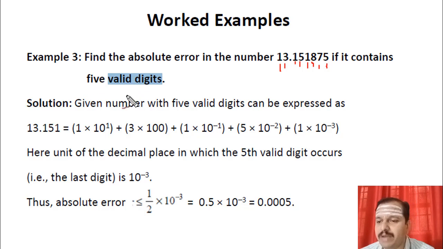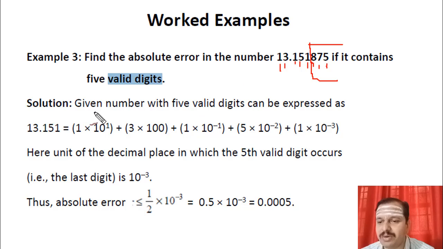Now we want only 5 valid significant digits, so 1, 2, 3, 4, 5. We want to stop here. We don't want these digits; we are going to ignore them, and we get an approximated value of x, which is 13.151. So 13.151 is the new number which we obtain by retaining only 5 valid digits, and this is the approximated value we are having.